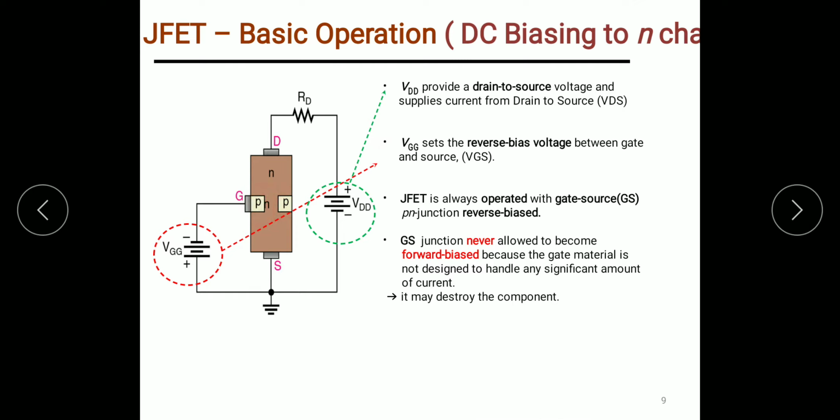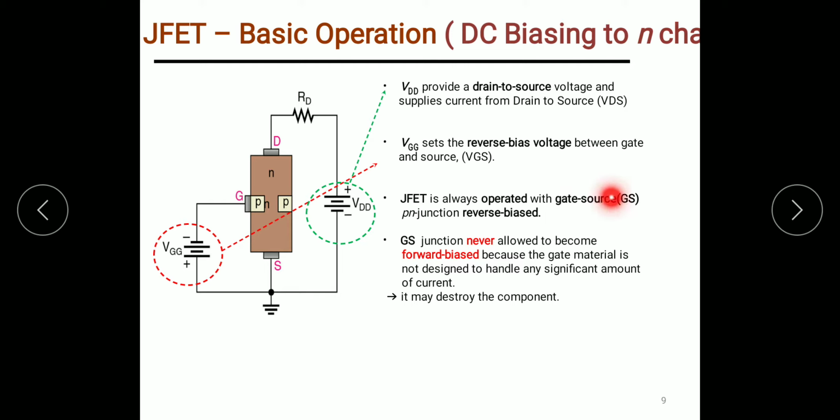Source to gate junction is one and gate to drain junction is another. So we need VGG for biasing reverse bias voltage between gate and source, and we need VDD to provide drain to source voltage and supplies current from drain to source.